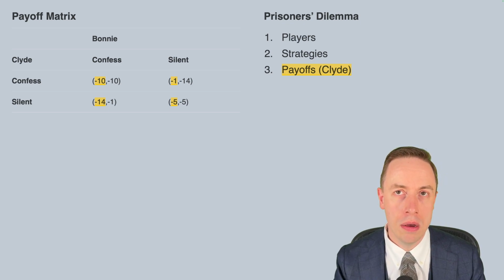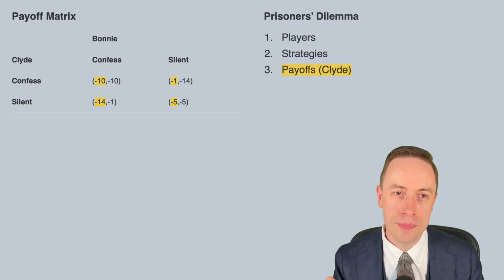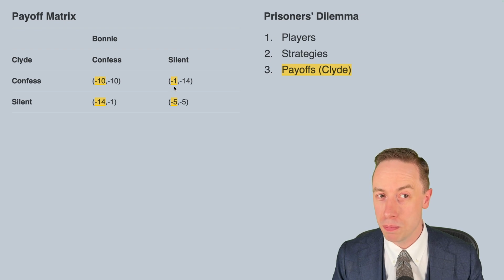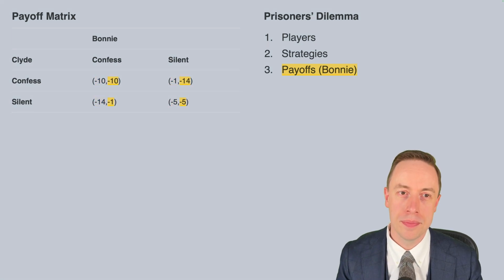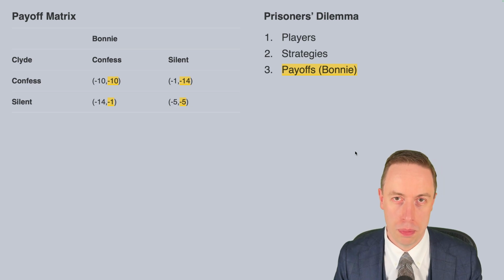Or in other words, every time you set up one of these games, you want to set it up so that a larger number is better for the player. Like -1 is better for Clyde than -14. And then likewise, the player at the top is the second number that's being represented. So what happens to each player doesn't just depend on what they do, but also affects what happens to the other player.